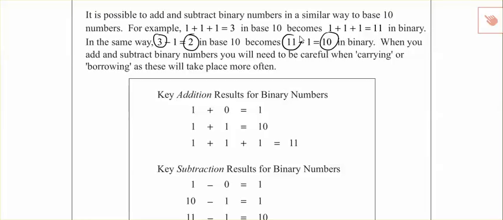If I'm not sure what it's called, I would say 1, 1, but I can't say 11 in base 2 because it's not 11. It's actually 3, and we write 3 using 1, 1, using binary code.